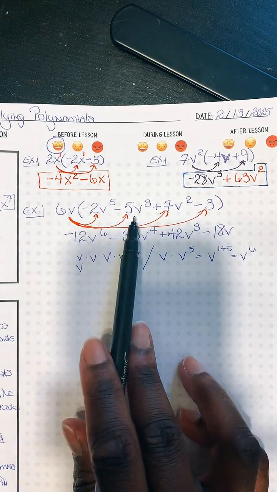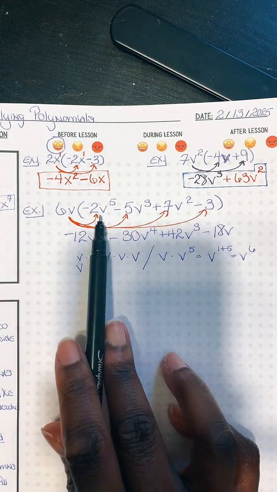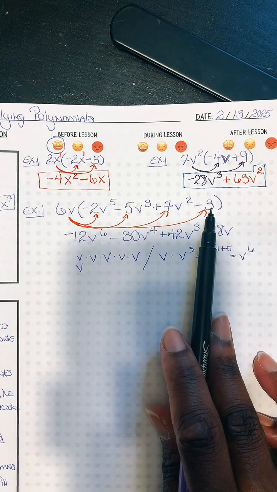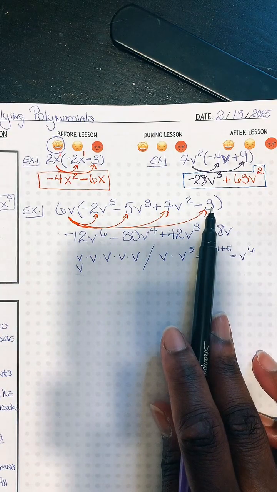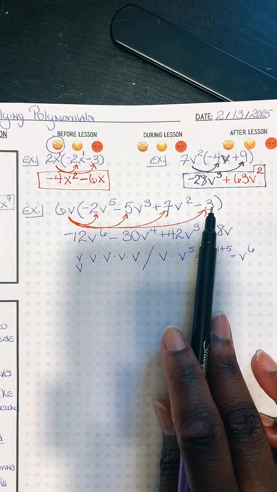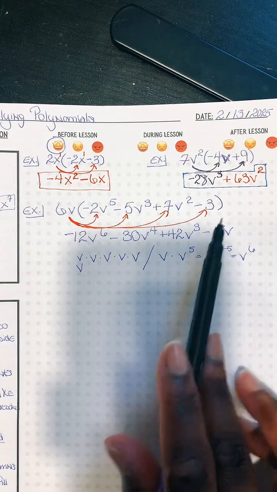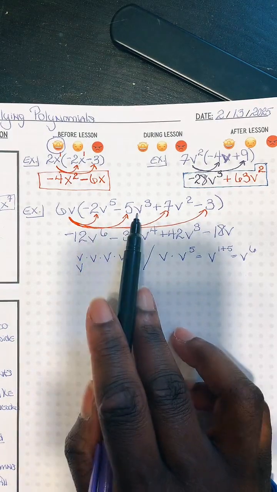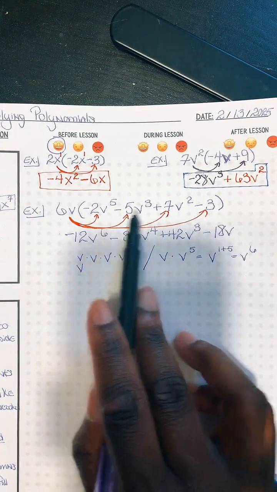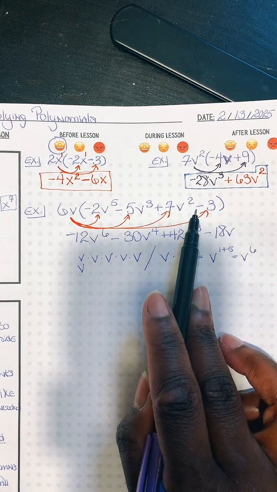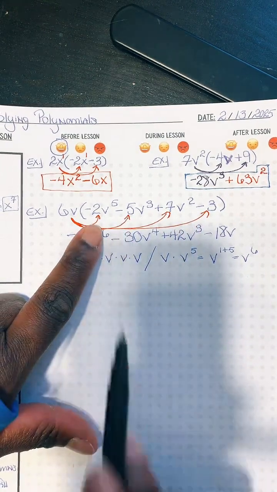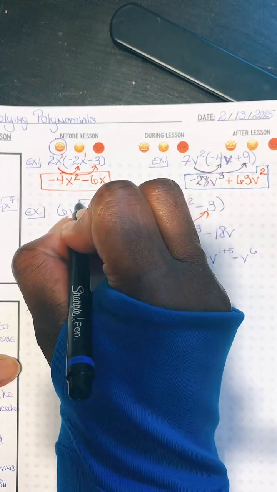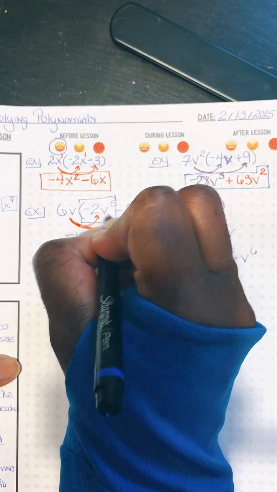Poly meaning more than 3 terms, because we have 1, 2, 3, 4 terms here. So there's no such thing as a four-nomial. So when we're a polynomial, yes, it's like several terms being either added or subtracted together. So the way that this is happening, let me try to do it in different colors. So this is considered a term.